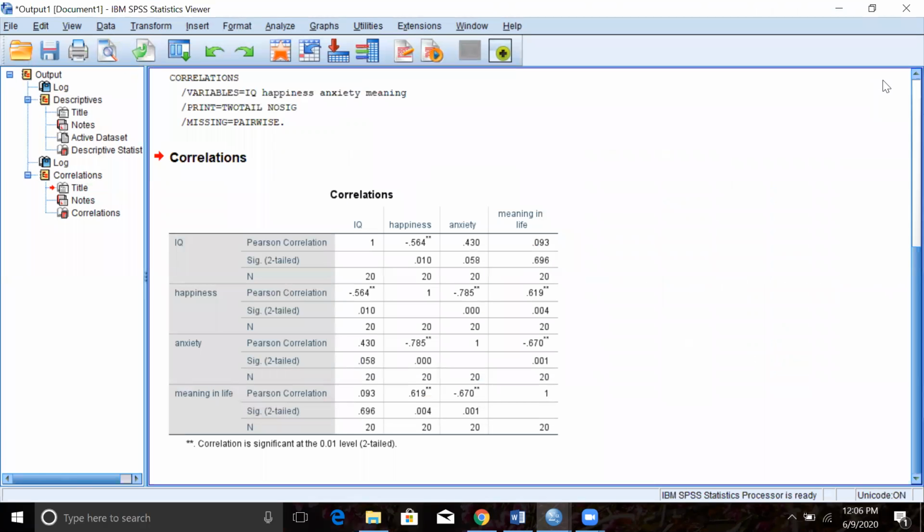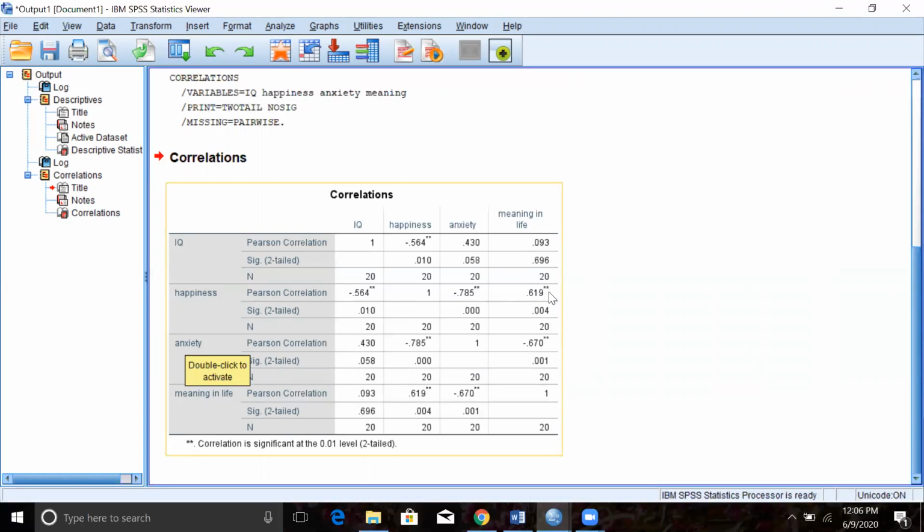Okay. This here is what we call a correlation matrix. There's a few things I'd like to point out about actually understanding and using this output. 1, notice that the variables are listed downwards and sideways. This means that to find the correlation between any specific pair of variables, let's say you want to know the relationship between happiness and meaning in life, you find the first variable, you find the second variable, there it is.